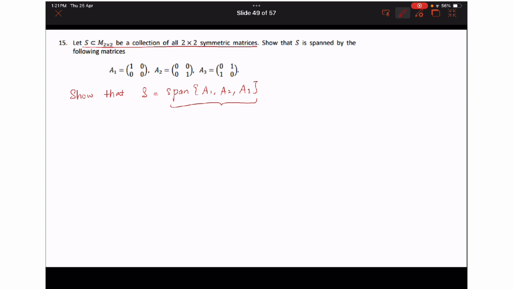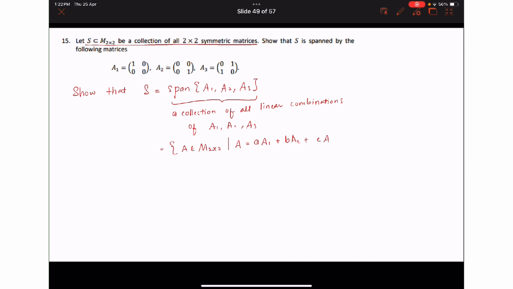Recall that the set on the right hand side of the equation, span A1, A2, A3, is a collection of all linear combinations of A1, A2, and A3. That means the set on the right hand side is any element A in matrices of size 2 times 2, where A is a linear combination of A1, A2 and A3.